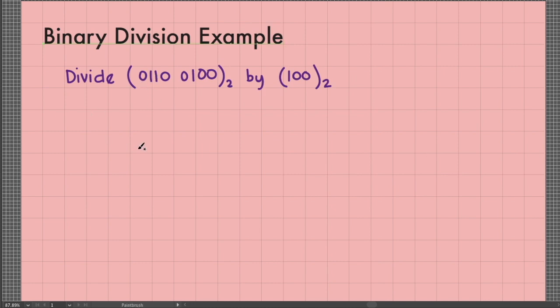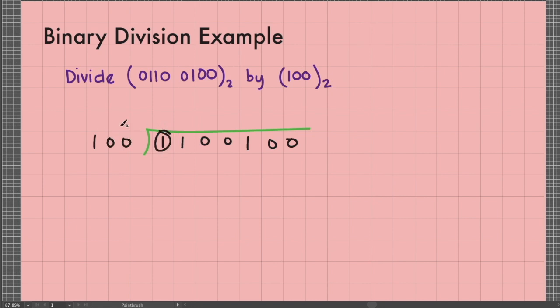So when we perform longhand division, this is our dividend. We immediately drop this 0 in the most significant bit because it will not affect the overall weight of the binary number. So I'm going to write 1, 1, 0, 0, 1, 0, 0. Our divisor is 1, 0, 0.